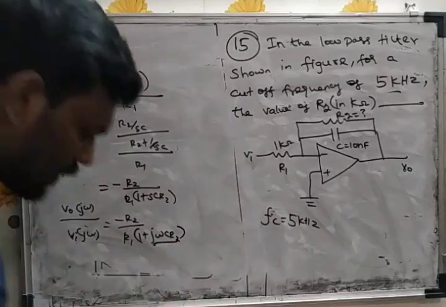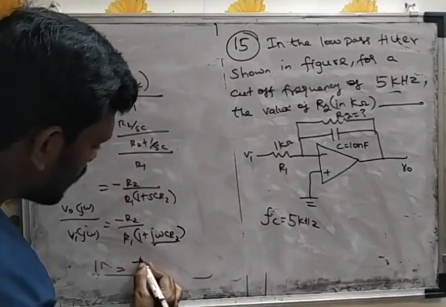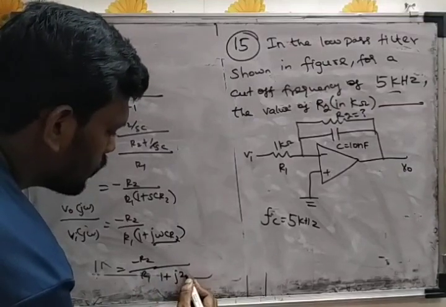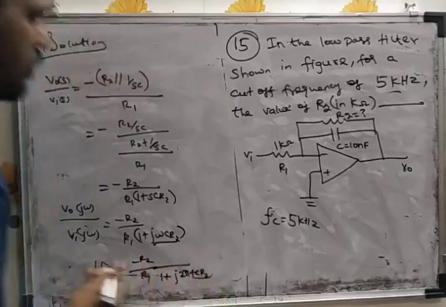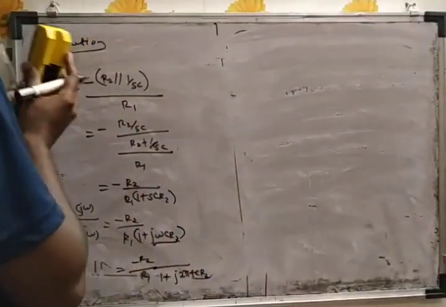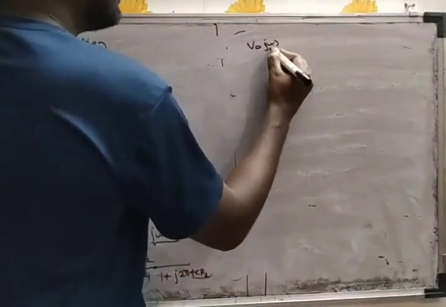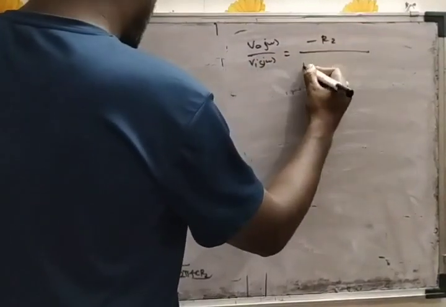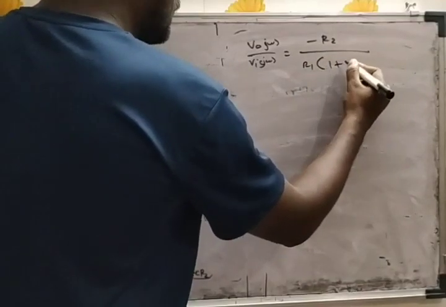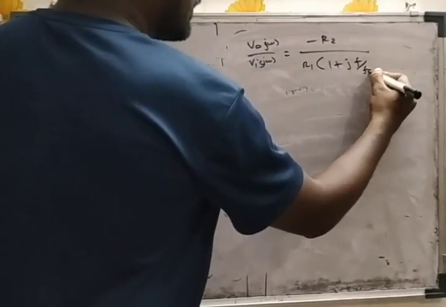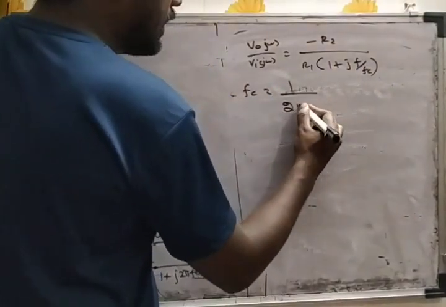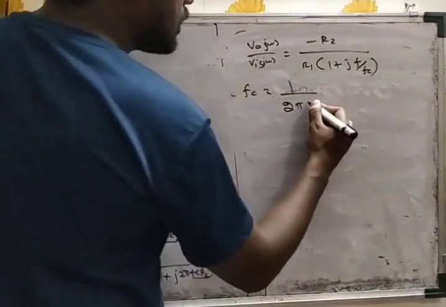This will give the cutoff frequency. So we can write minus R2 by R1 into 1 plus J 2 pi F C R2. So we can write V naught of J omega by VA of J omega equal to minus R2 by R1 into 1 plus J F by FC, where FC is equal to 1 by 2 pi C R2.